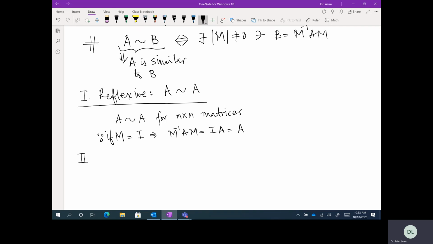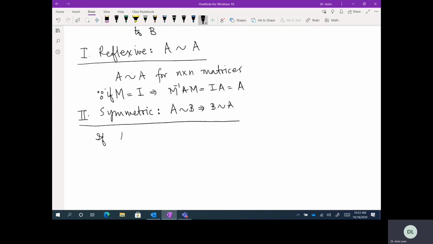This similarity transformation is symmetric. Symmetric means if A is similar to B, then this implies B is similar to A. It works both ways.